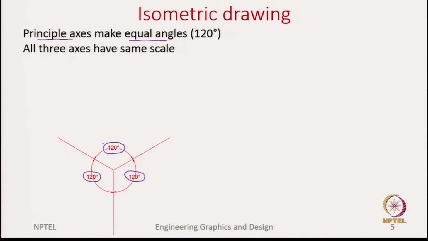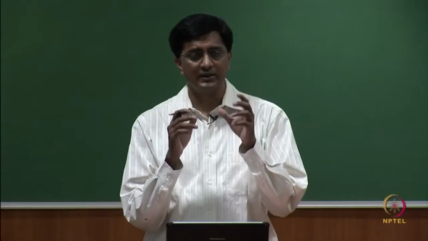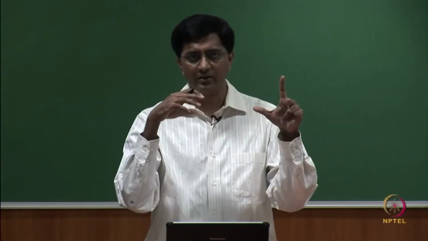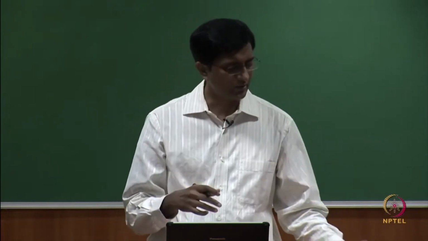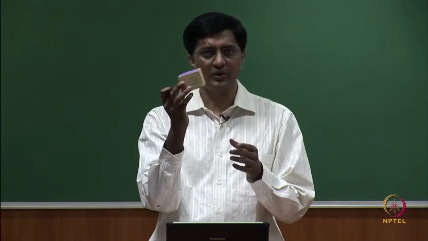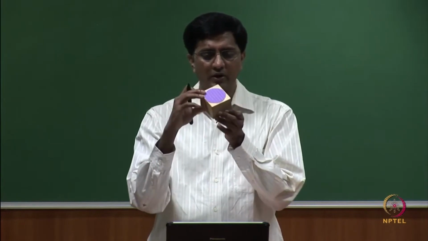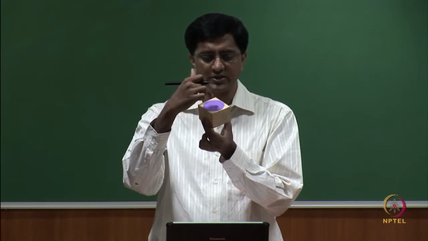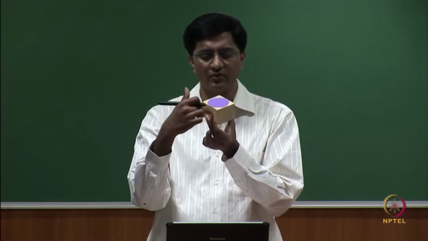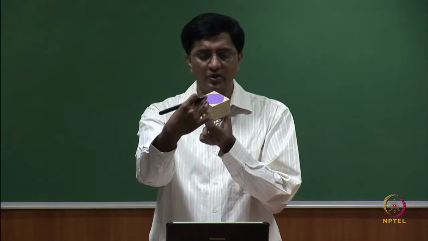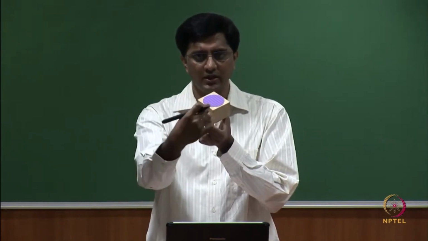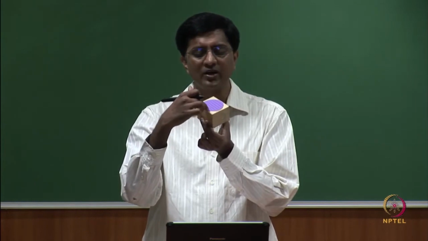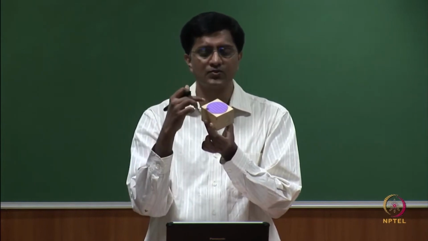You should now realize that these axes in the true sense are perpendicular to each other, but depending on the way you are looking at it, for example this cube, if I orient it in such a way that you see all 3 faces, let us say the top face, the front face and the side face, then this angle of 90 is what you now see as 120.